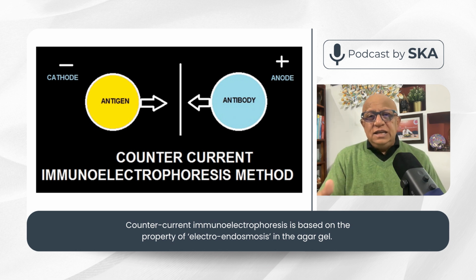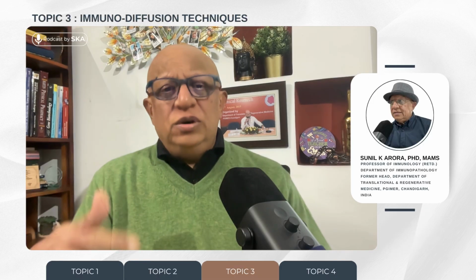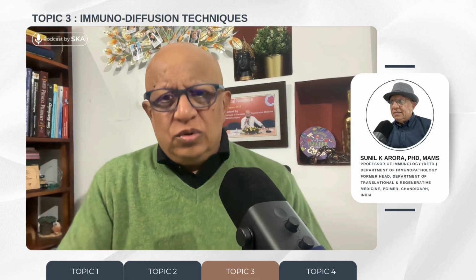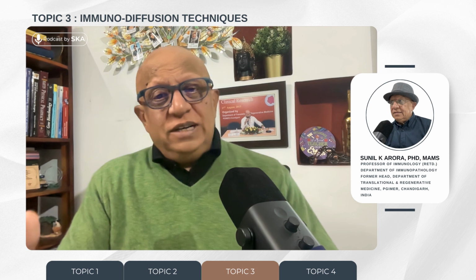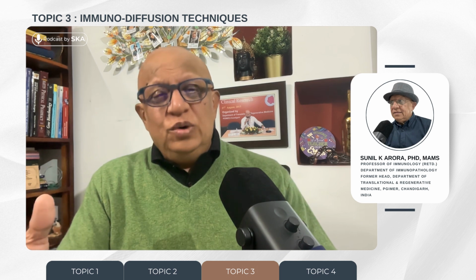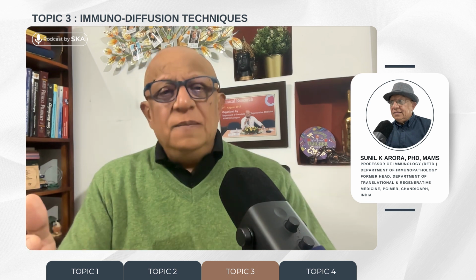And this technique gives you an answer within, say, about 1 hour to 1.5 hours. Otherwise immunodiffusion techniques take about 24 to 48 hours, well, at least 24 hours, because there is simple diffusion. So these are all techniques which we used to do, and they are still very simple.